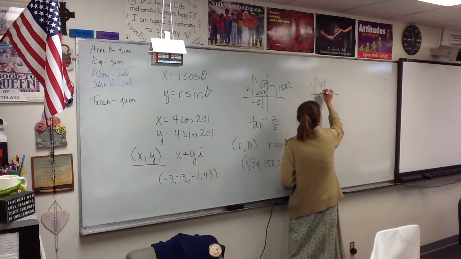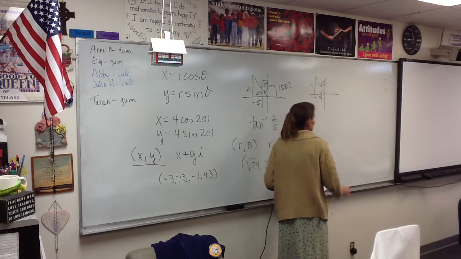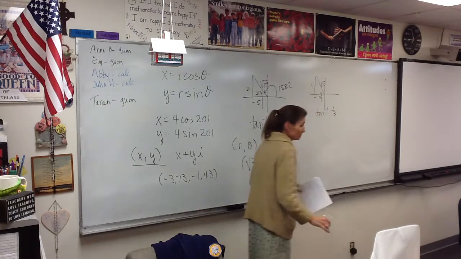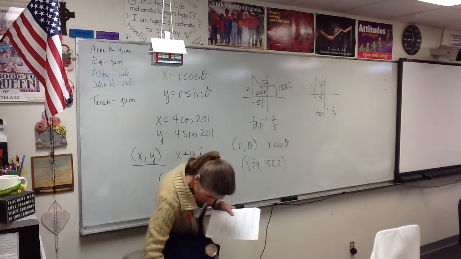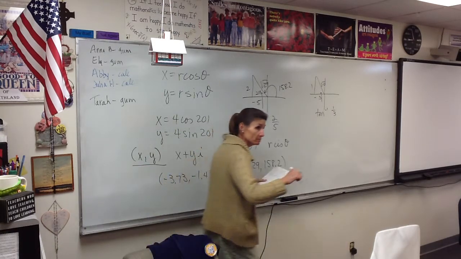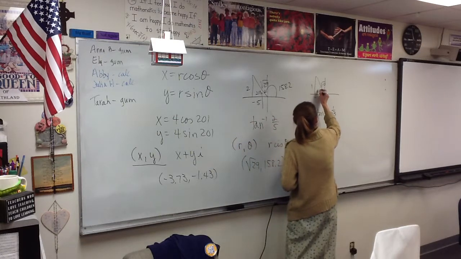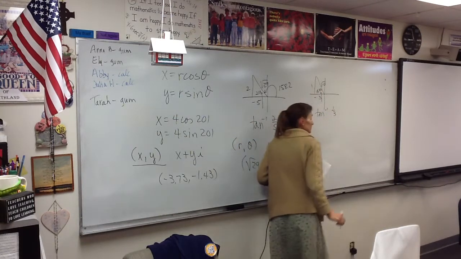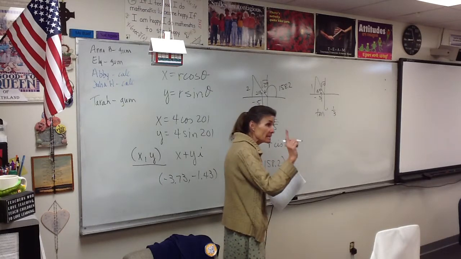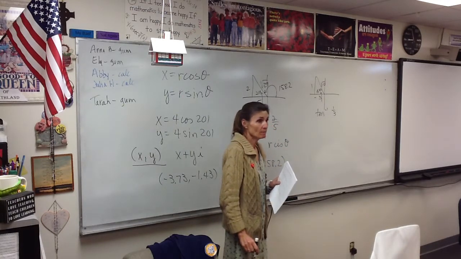How am I going to find this angle right here? Second tangent, 1/3. And I got 18.43. Now, is 18.43 the right angle?